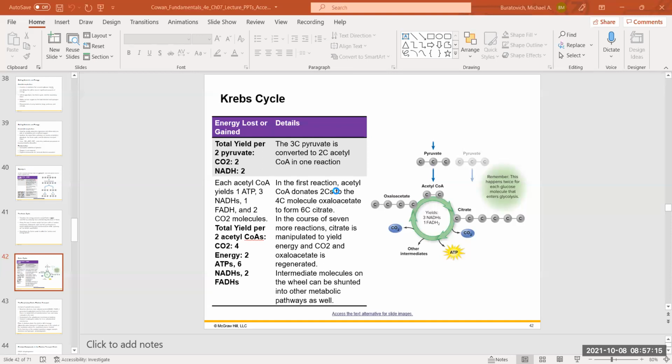Other organisms will take pyruvate, convert it to acetyl coenzyme A and formate, and then they'll take the acetyl coenzyme A and use it to make an ATP and they'll make acetate.